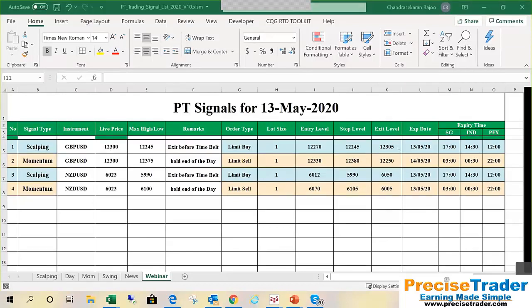If we have taken the trade on market, and once it reaches our target, you will get a message saying that profit is booked. That means the price has reached our target. On the other hand, if the market goes against us and hits our stop level, you'll get a message saying that the trade stopped out.